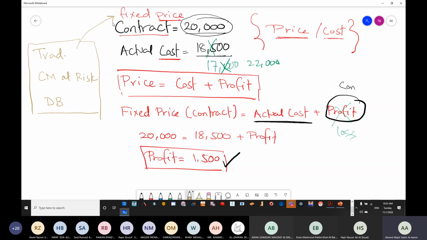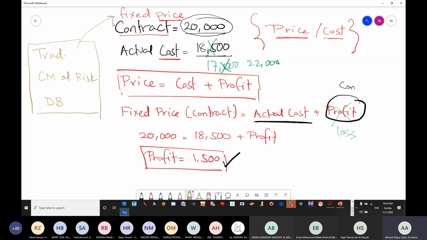Now, in case of a complicated, untypical or huge project, do you think that you can give a clear value from the beginning? Okay. Now it's very complicated. You cannot know the exact number of quantities required. It means that you cannot give a real value from the beginning.